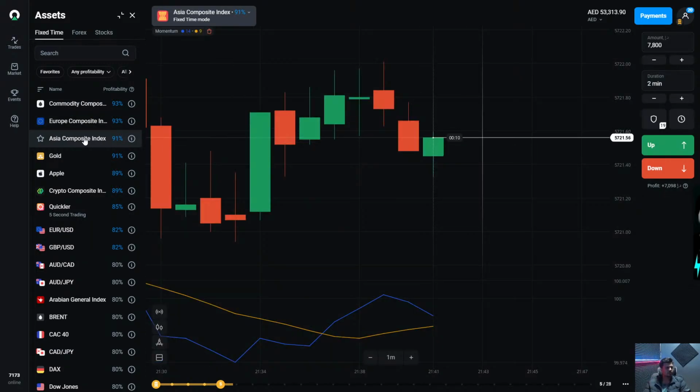Check our Asia Composite Index. As it's trying to move downward, then again it's trying to go back upward.